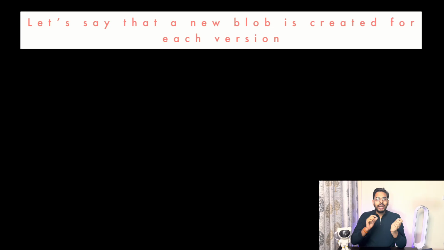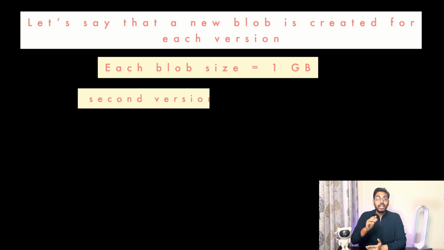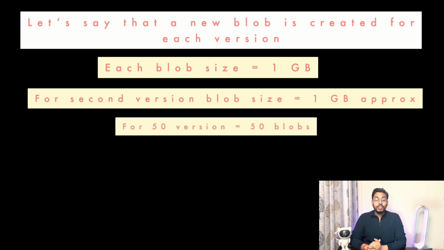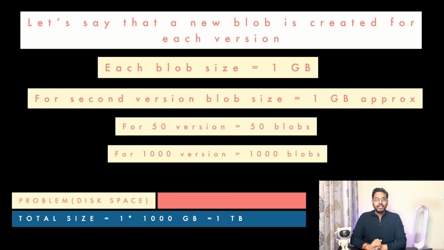Let's say for every version you are creating one blob, and let's say that blob is 1 GB, and when you are creating the second version, you are just making changes in KBs, and then again it will create a new whole blob. So for 50 versions we have 50 blobs, and for 1000 versions we have 1000 blobs, and each blob is 1 GB plus minus KBs, and then again it is 1 TB and we will again run out of disk space.